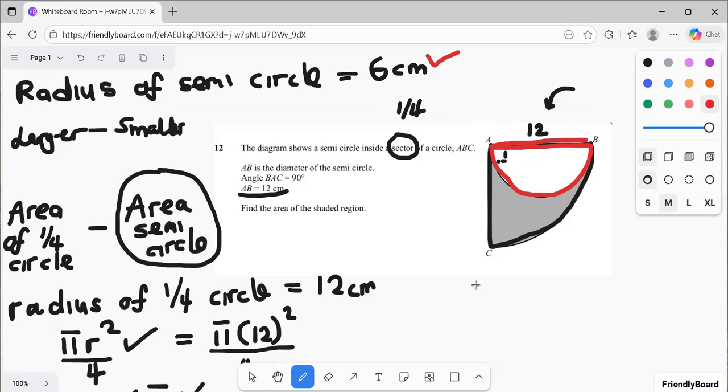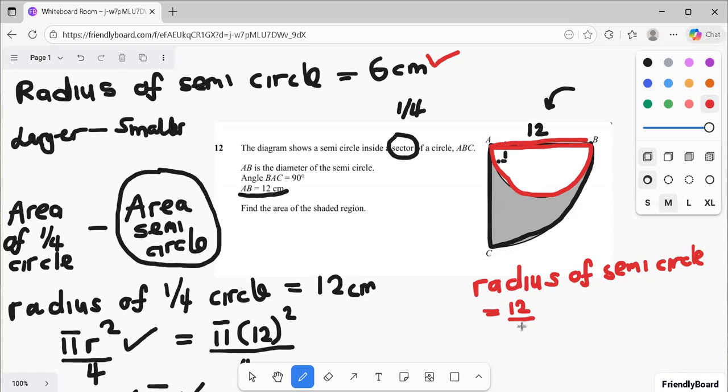So I know that the radius of the semicircle, we did calculate it, is equal to 12 divided by 2, because AB is the diameter of that semicircle.